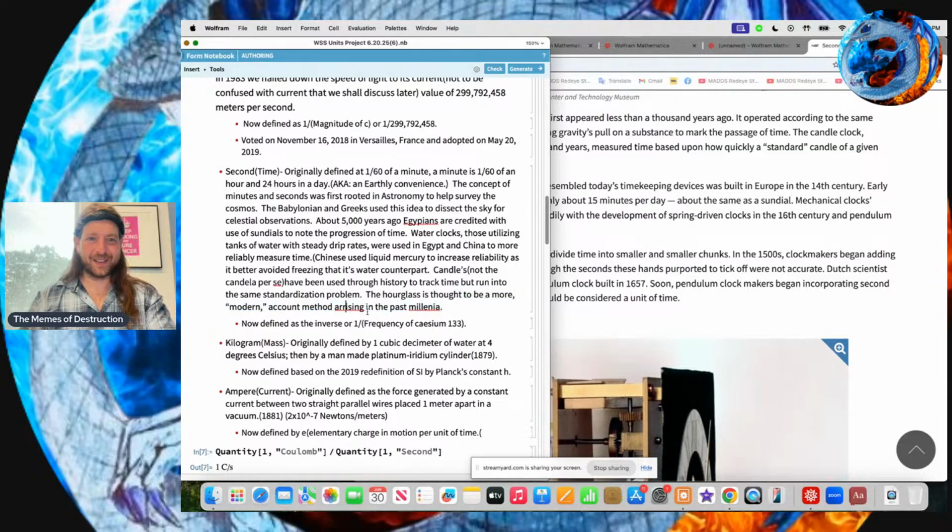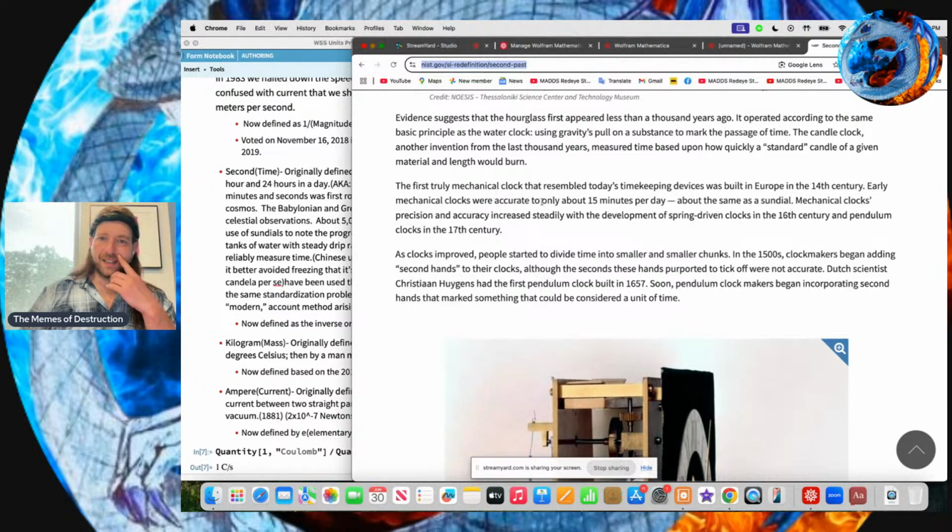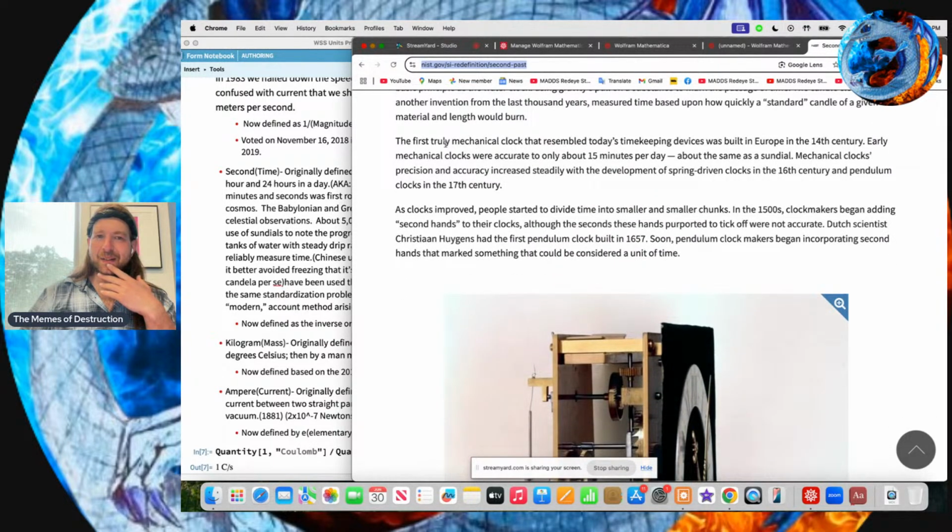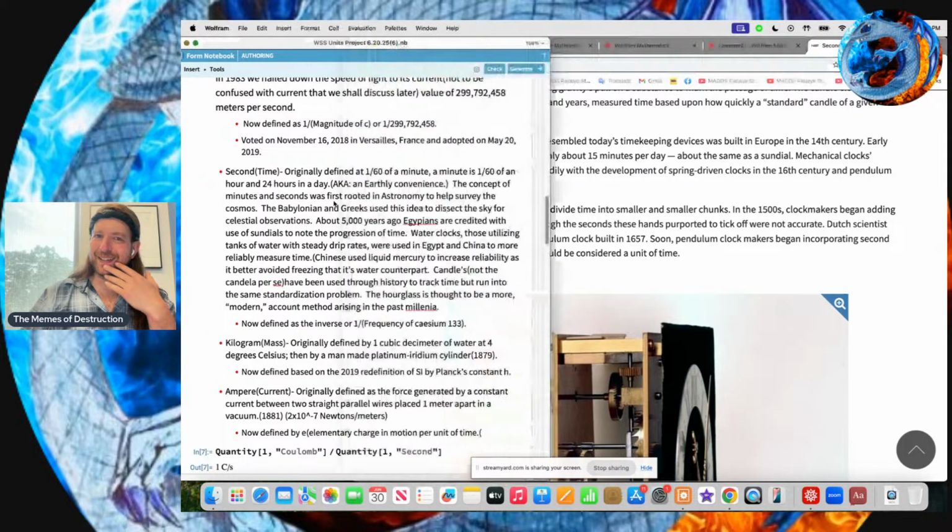There we go. Spell that correctly. Okay. First truly mechanical clock. 14th century. Only about 15 minutes today. Alright.